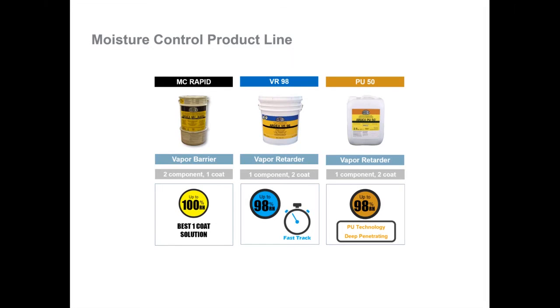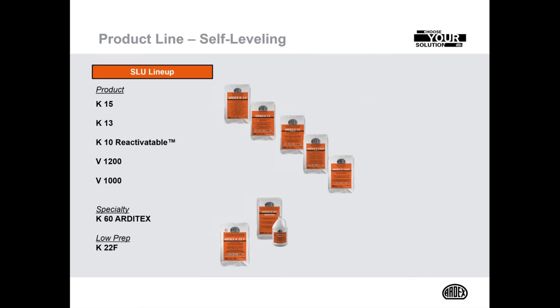We have 2 other materials called VR98 and PU50 that are 98 RH products. The VR98 is a waterborne product, 2-coat material used as a primer for our self-leveling. So you can use this on new concrete up to 98 RH and then use it as the primer for the self-leveling.